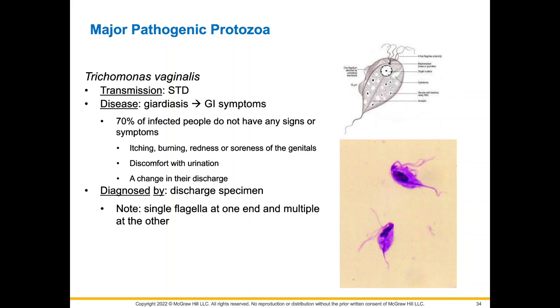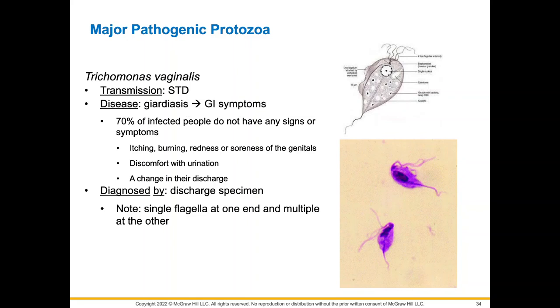Another example of a major pathogenic protozoa would be Trichomonas vaginalis, and this is an STD, so it's caused by sexual transmission. I see some mistakes here. I think I accidentally copied and pasted something because this is not correct. It does not cause giardiasis. That was the last slide.